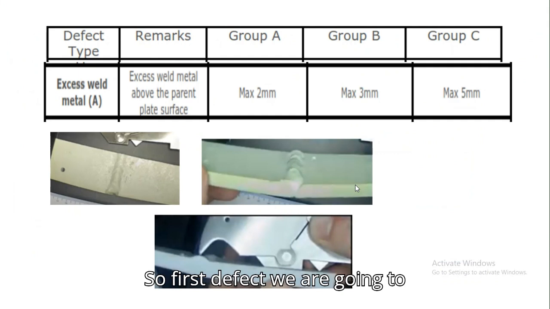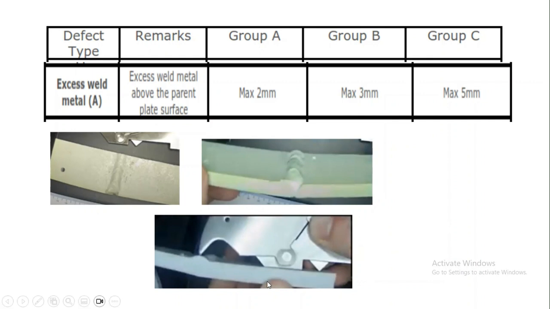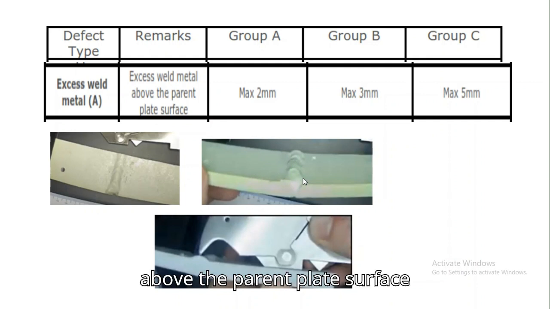So, first defect we are going to discuss is excess weld metal. So you can see the photo. This is excess weld metal. So the weld metal they filled excess above the parent plate surface.